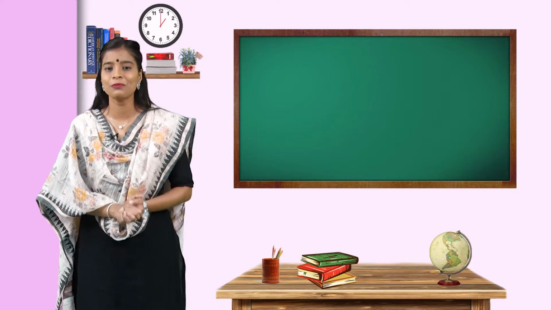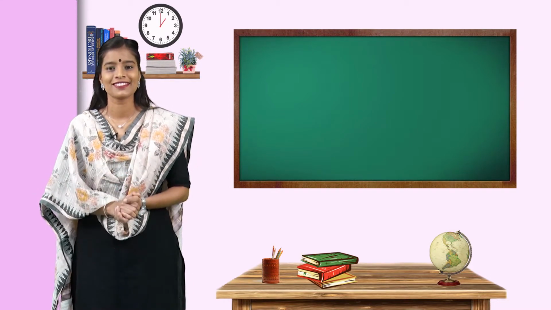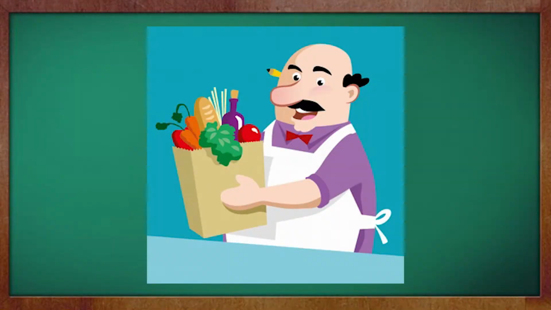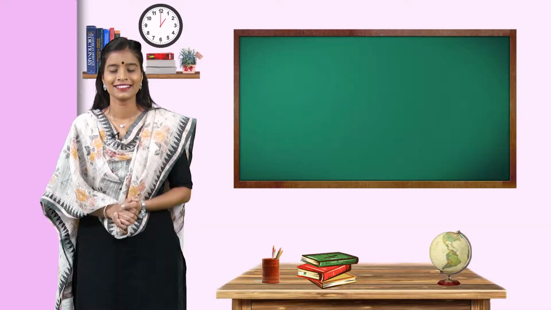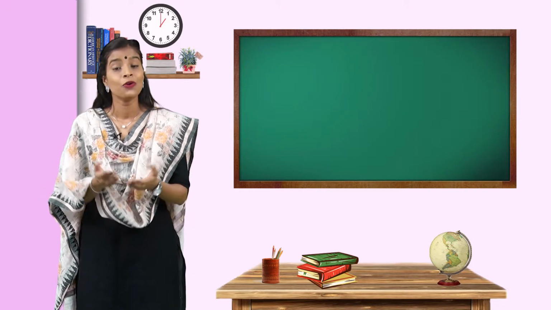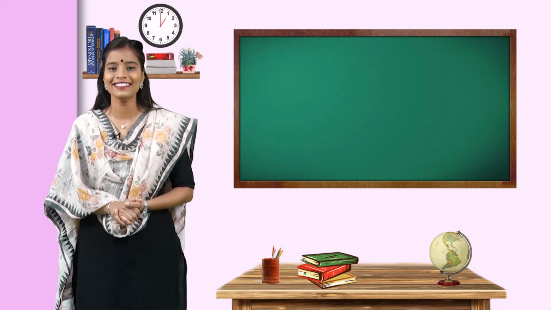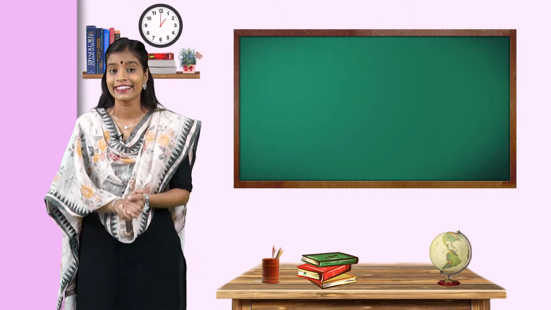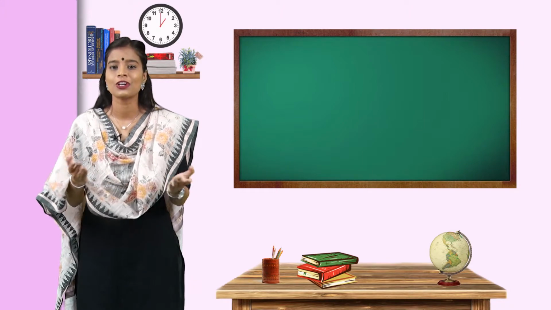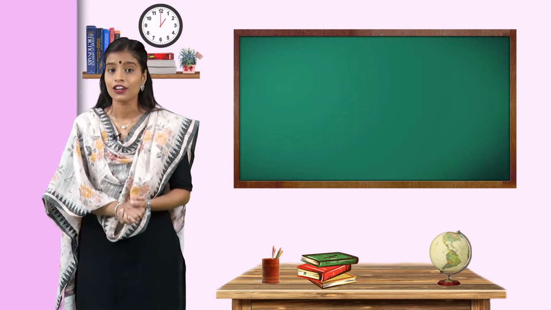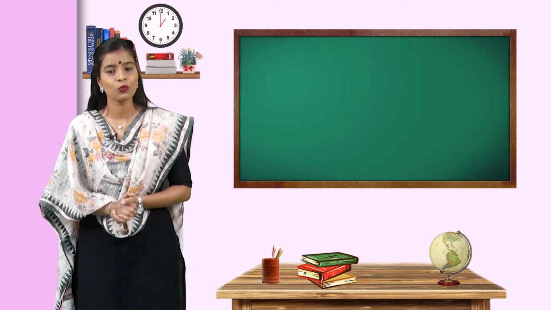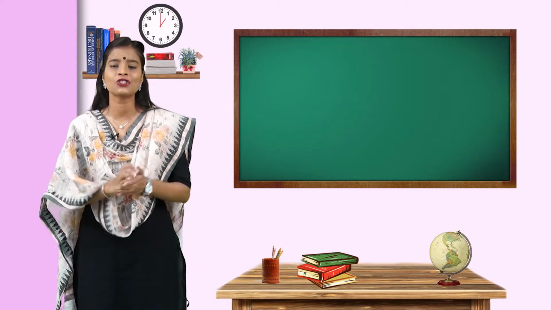Now let's move to the next image. Alright, were you able to guess who was in this picture? Yes, it was a shopkeeper. A shopkeeper is someone who runs any shop.